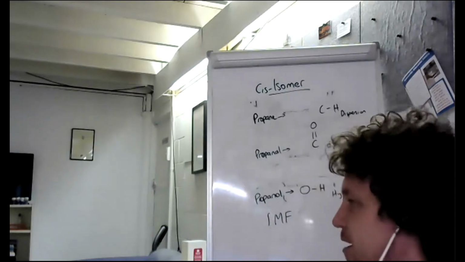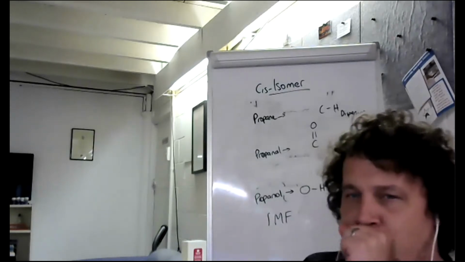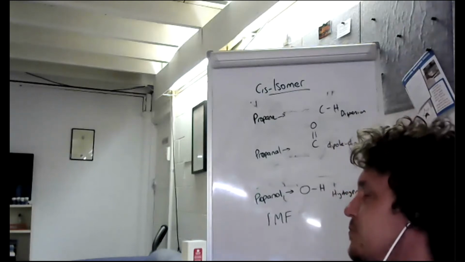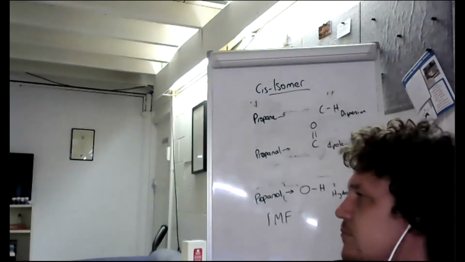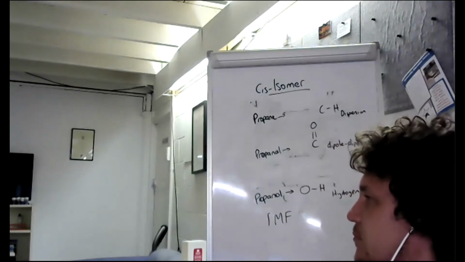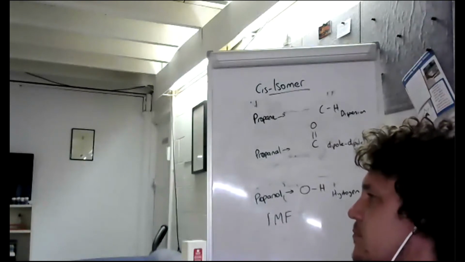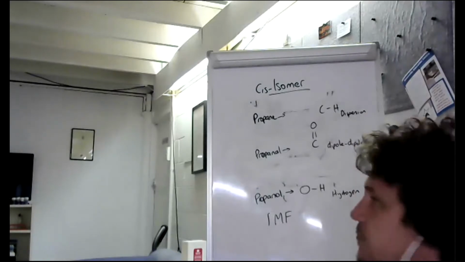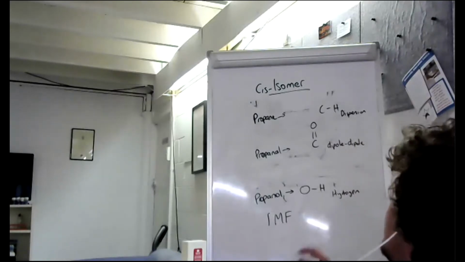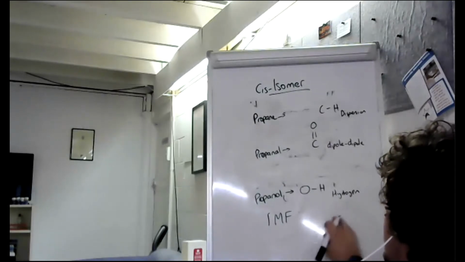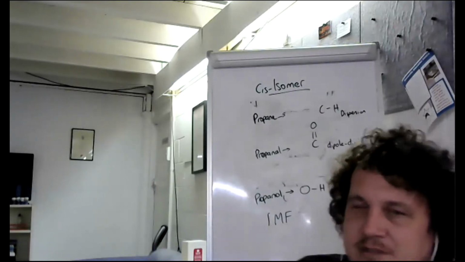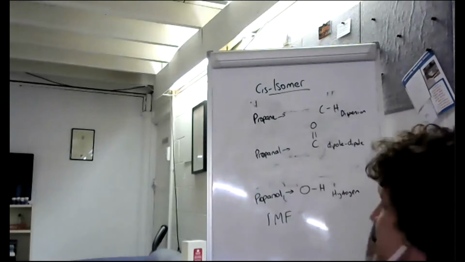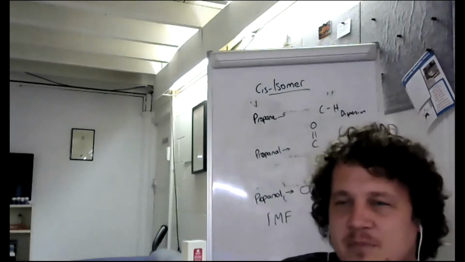So which of those three is the strongest intermolecular force? Sorry, can't speak at the moment. No one? So hydrogen bonding has the highest intermolecular forces. So if you said they've got dispersion forces, dipole-dipole, and hydrogen bonding, that'd be 1.5 marks.